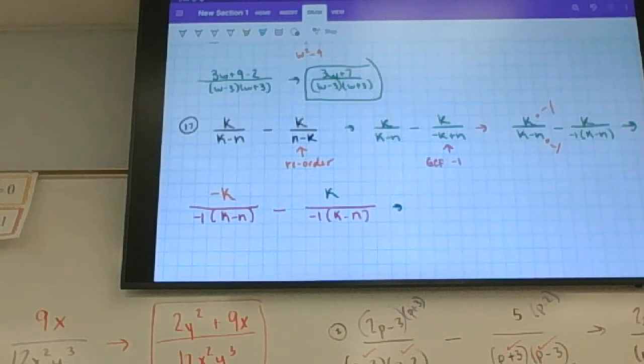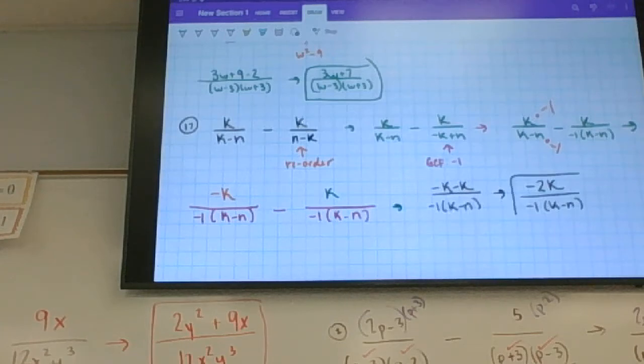So I don't have to multiply anything in. We have negative 2k all over negative 1 times K minus N. You can leave that answer like that, or you can make them positive.